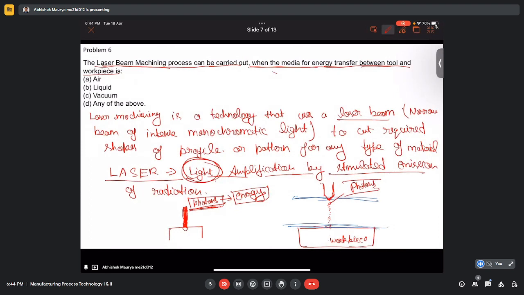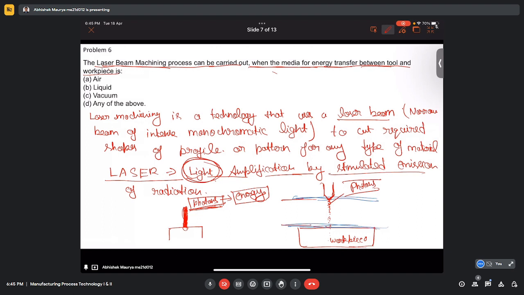So basically you have seen the light can travel through the air as well as the water as well as the vacuum also. So the main thing is whatever photons are getting emitted from the tool nozzle, it should reach the workpiece, and it doesn't depend upon the air or the liquid.